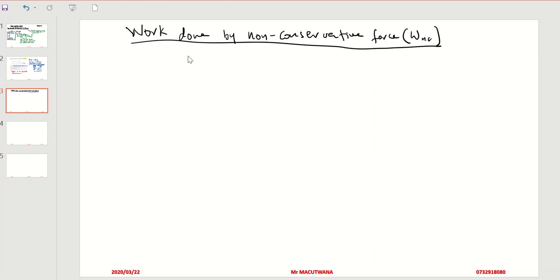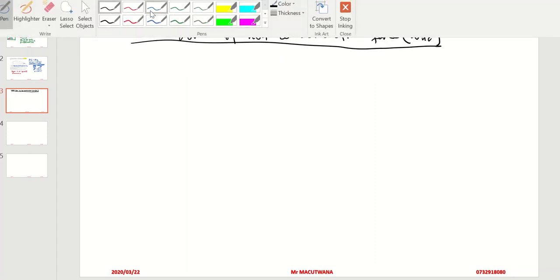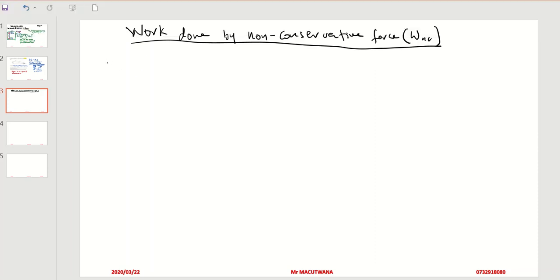Now if you still remember, earlier we did mention that forces can be classified into conservative and non-conservative.